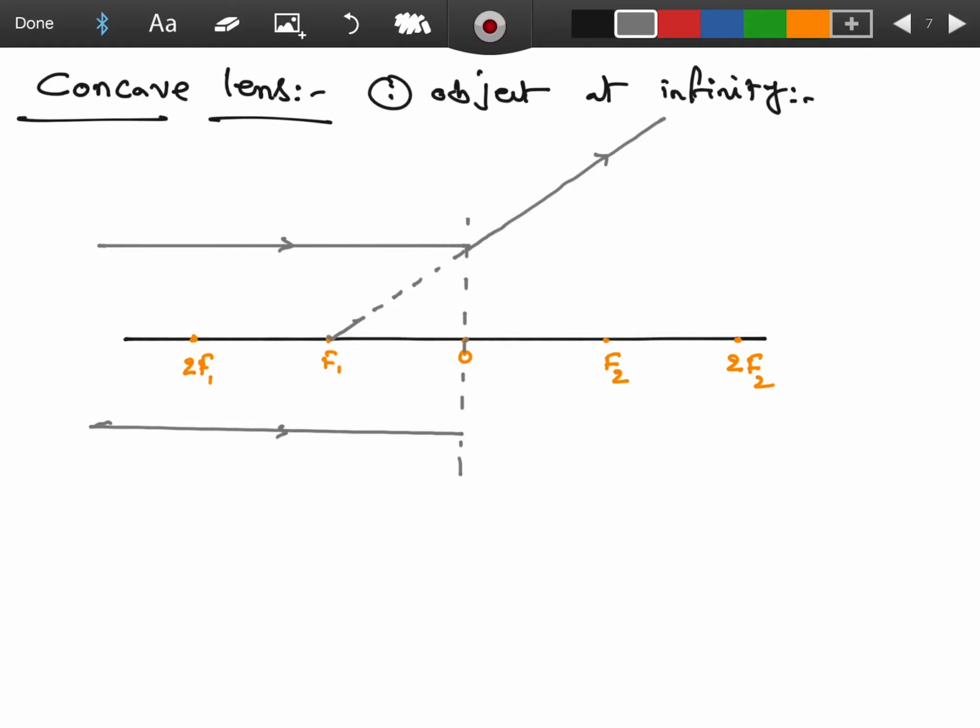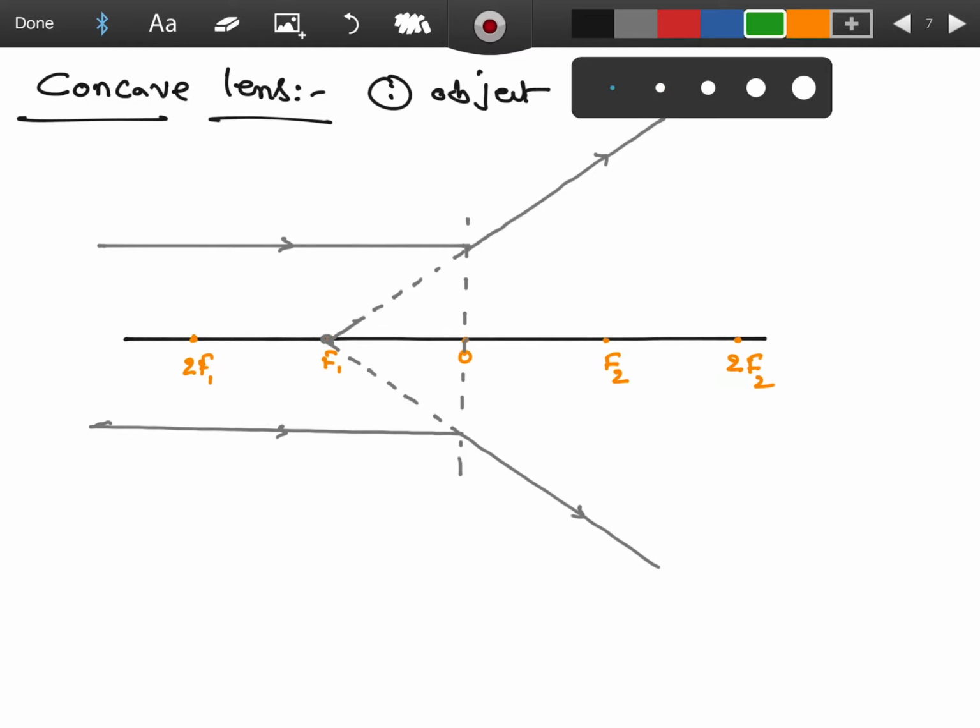Similarly, this light ray also appears to diverge from the focus. Then the image will be formed at F1.